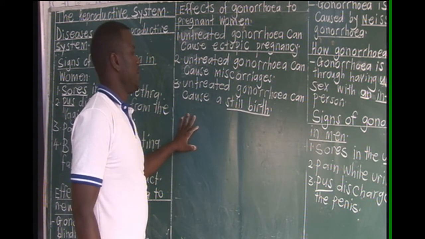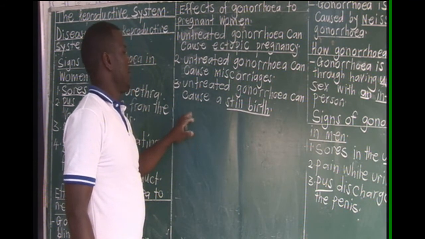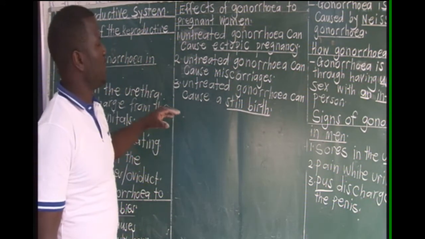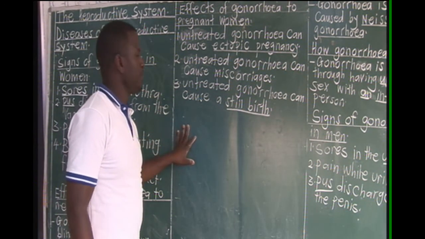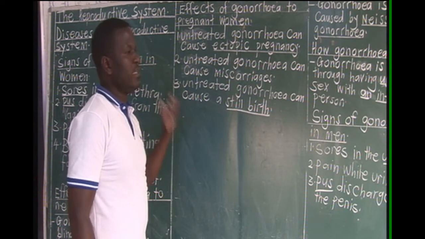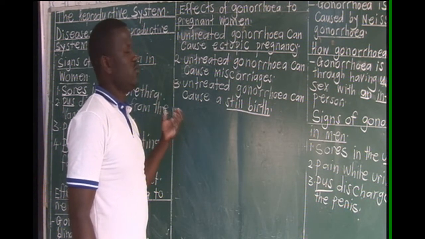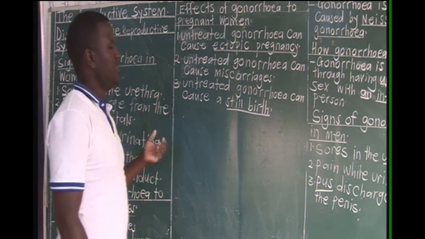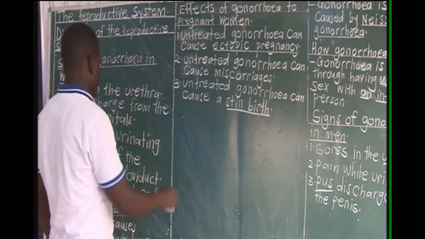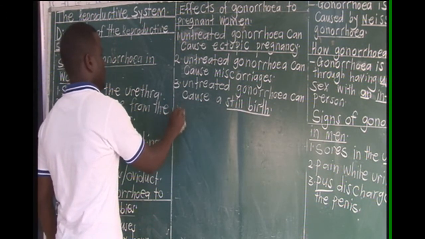Then we have effects of gonorrhea to women. Still, gonorrhea can lead to the blockage of the fallopian tubes, and this we are going to note.